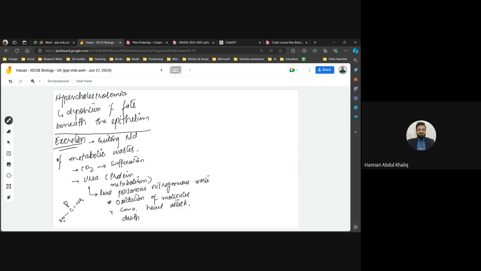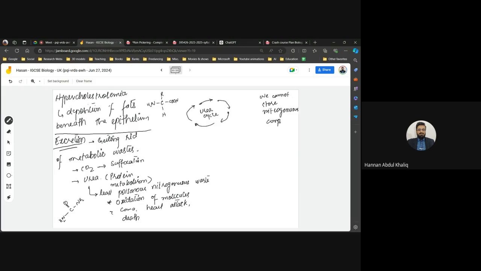In the liver there is a cycle called the urea cycle. We have amino acids, and if amino acids are in very high amount in our body, the problem is we cannot store nitrogenous compounds.